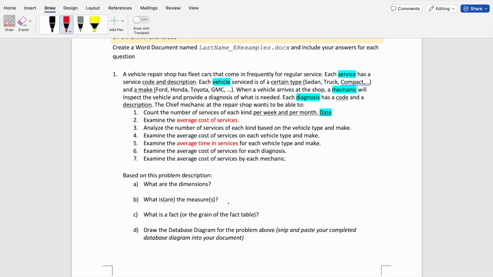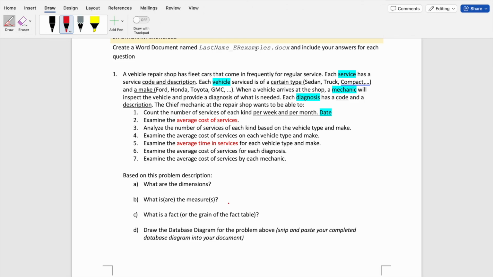Okay, so C, what is a fact? For this one, remember a fact means the record in the fact table, right? Different transactions could be counted in the sales. For these questions, the fact means a specific service visit. That's one transaction.